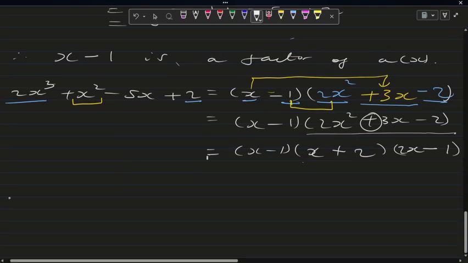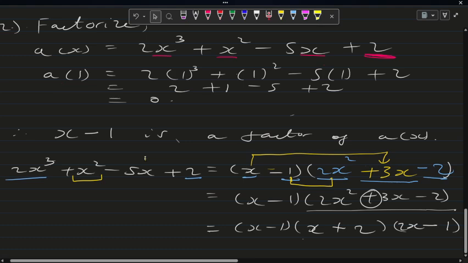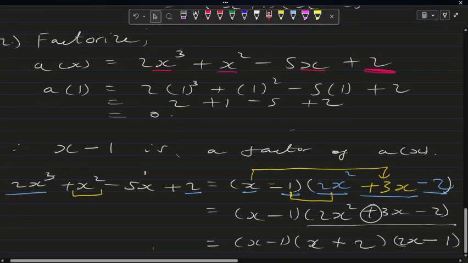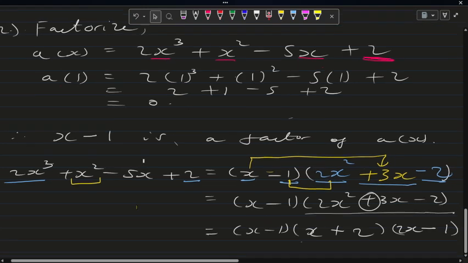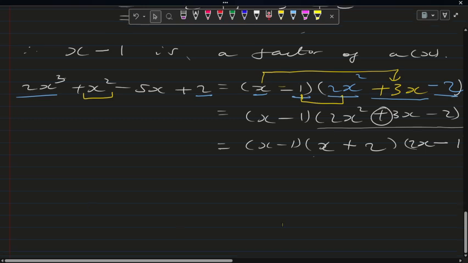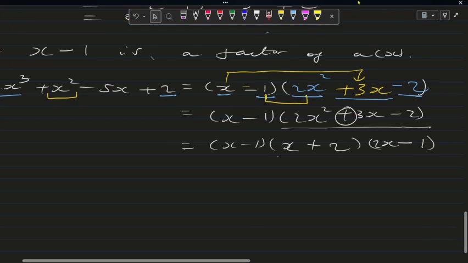At this point, we are done with factorizing the cubic expression. The steps are very simple. The first thing we do is use the factor theorem to determine a factor of the expression.